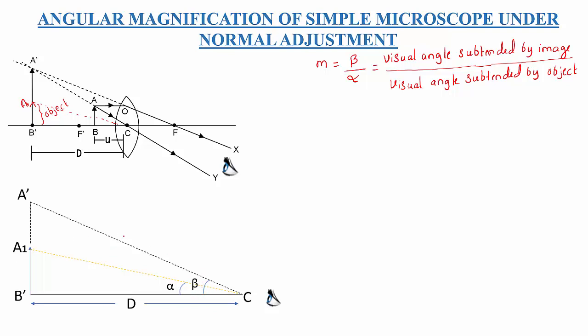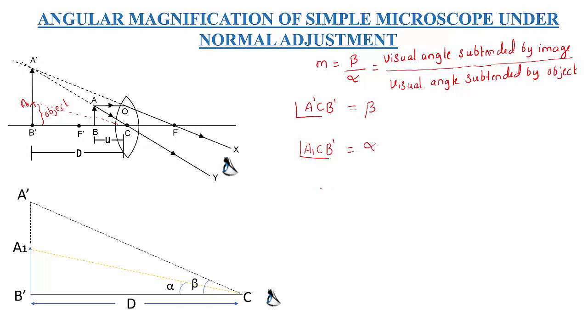From this diagram we can write tan alpha and tan beta. First, the angle A dash C B dash is the visual angle subtended by the image, that is beta. Similarly, the angle A1 C B dash is the visual angle subtended by the object, that is alpha.